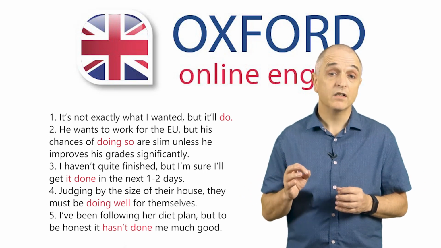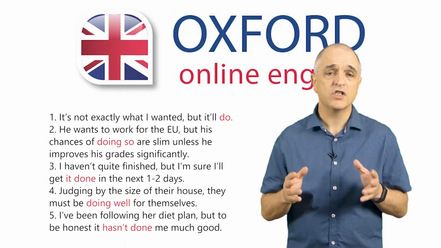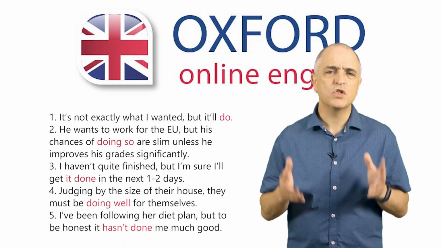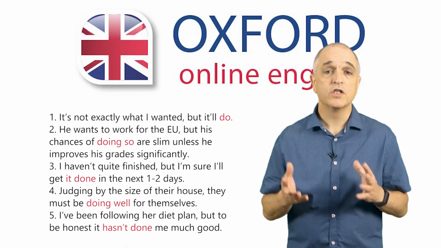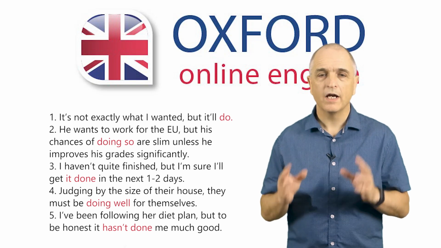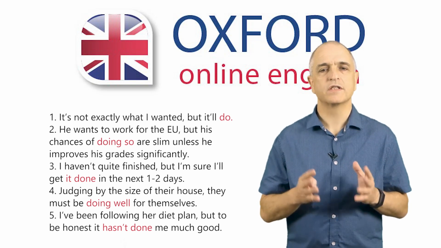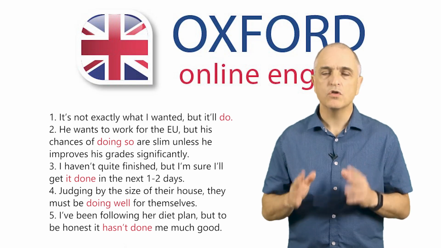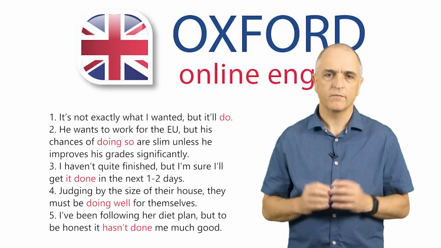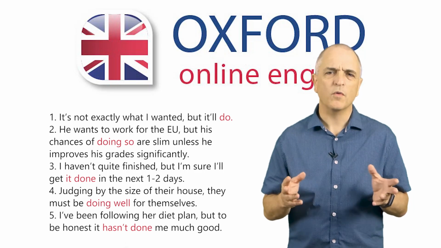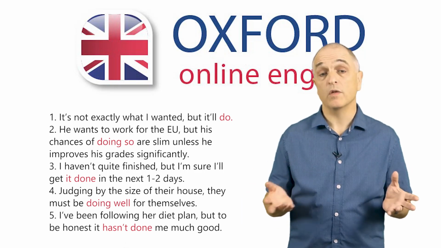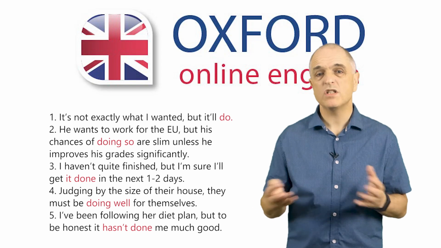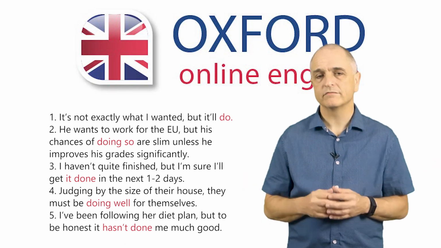However, here, you also need an ing verb. When you want to use do as an auxiliary verb to replace an earlier verb, and you want to use an ing form, or to plus infinitive, you should use do so. Do so is formal. In spoken or informal English, you'd probably say do it or do that.